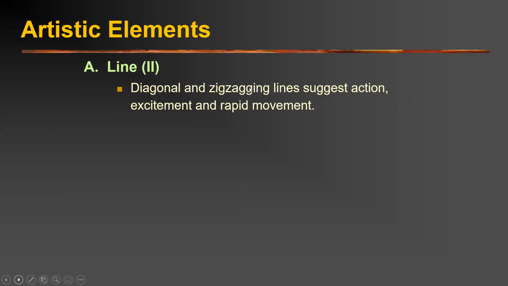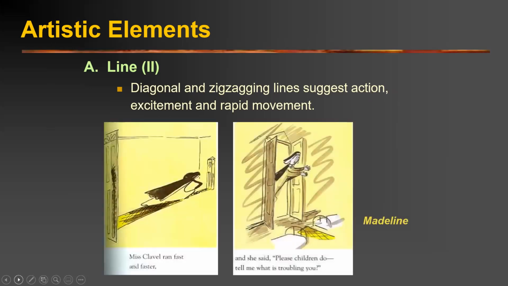Next, diagonal and zigzagging lines suggest action, excitement, and rapid development. Okay? Actions. Okay, so this one. So it portrays movement of this character. Tumatakbo siya.